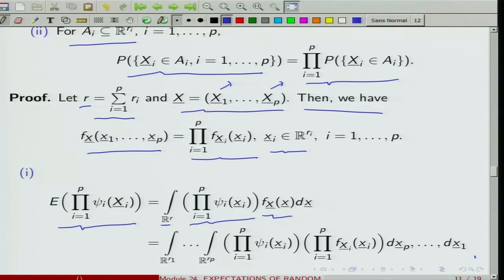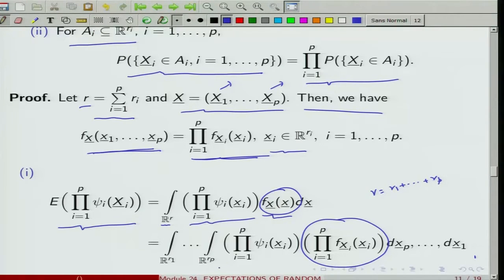Now, I know that because of independence, f_X of x1, x2, ..., xp is the same as the product of these. So, I write this f_X as the product for i equal to 1 to p of f_Xi of xi. Now, what is happening is that this whole integral over R^r has been broken into an integral over R^r1 up to an integral over R^rp, because r is the same as r1 plus r2 plus rp.